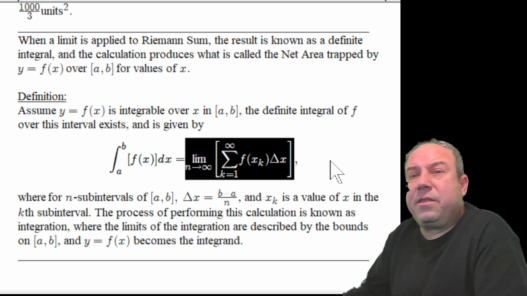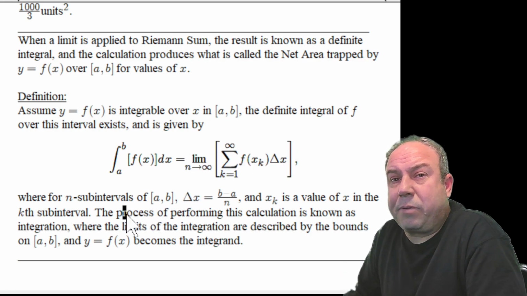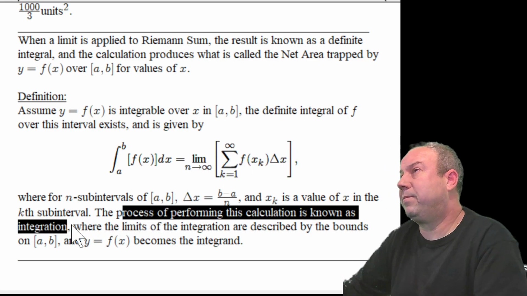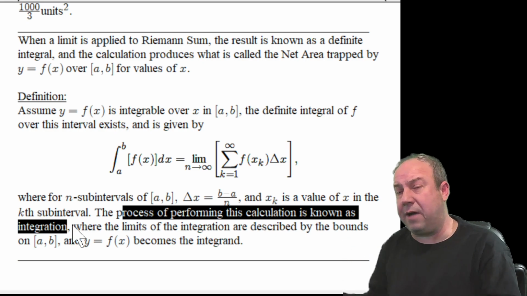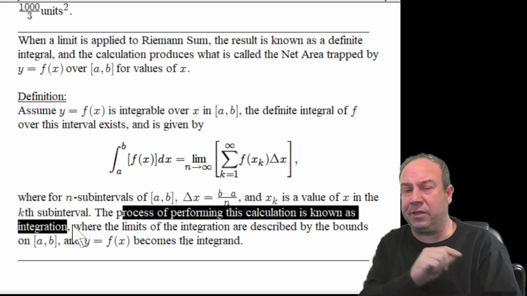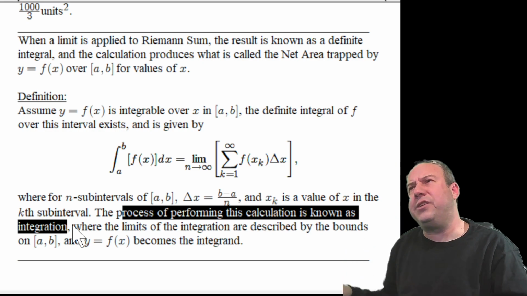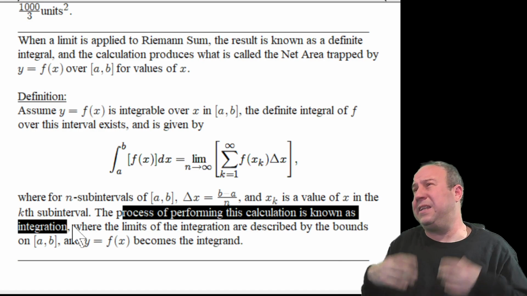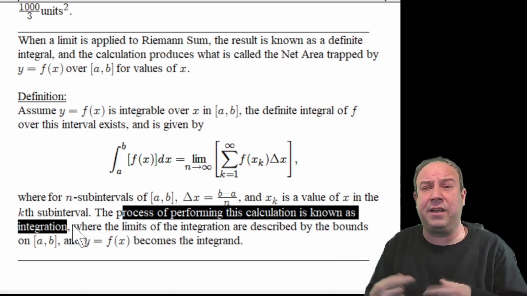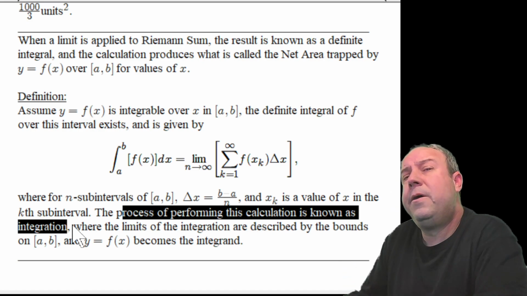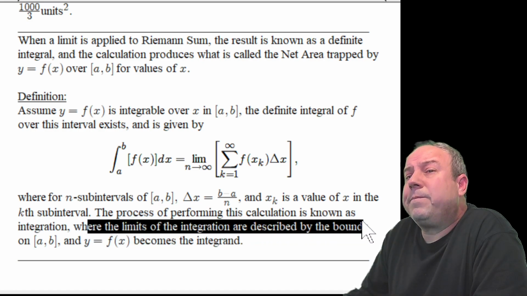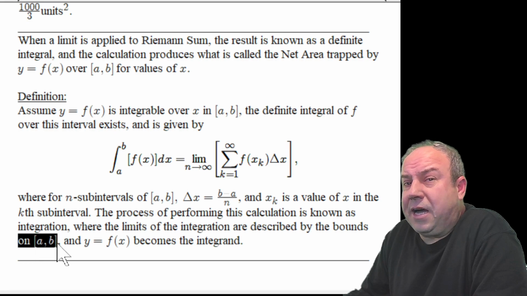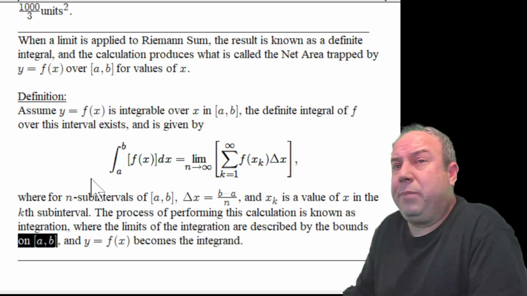And what we're performing again is the process known as integration, right? We're performing integration to calculate a definite integral, just like integration is used to talk about performing an indefinite integral calculation or calculating an antiderivative, where the limit of the integrations are described by the boundaries on that closed interval from A to B, right?